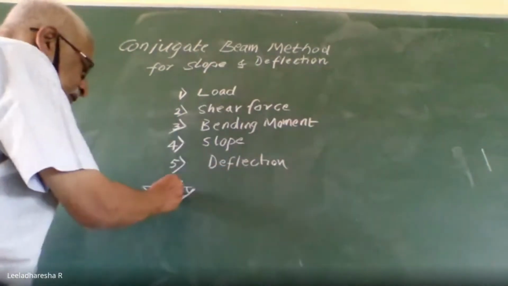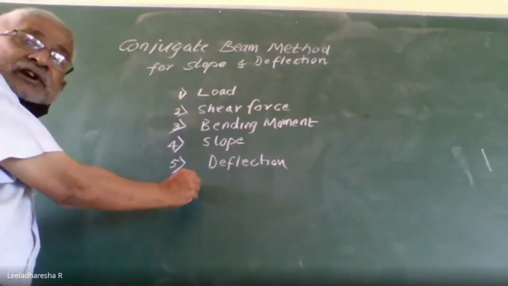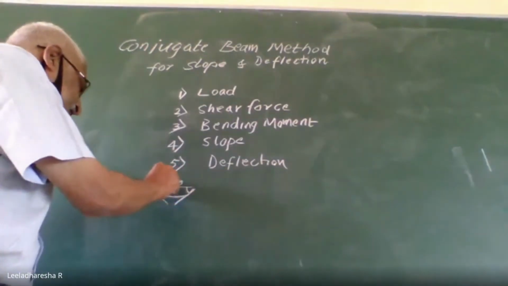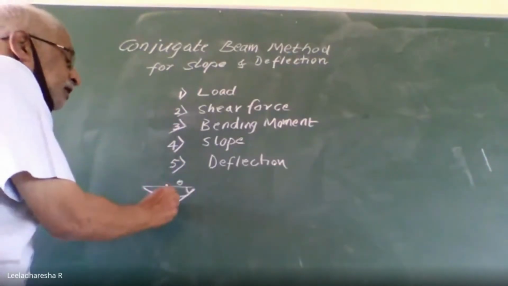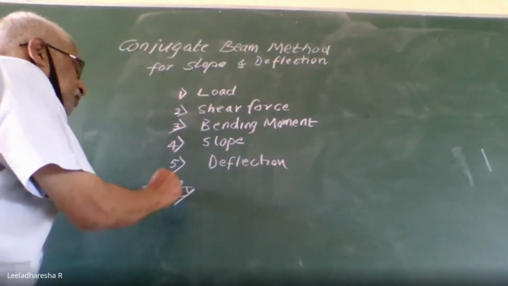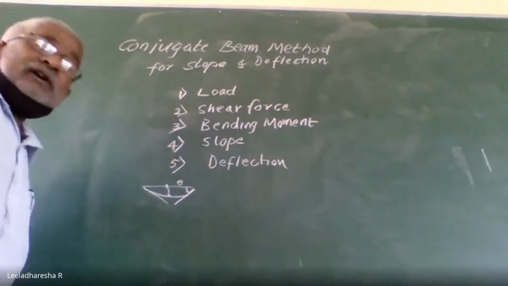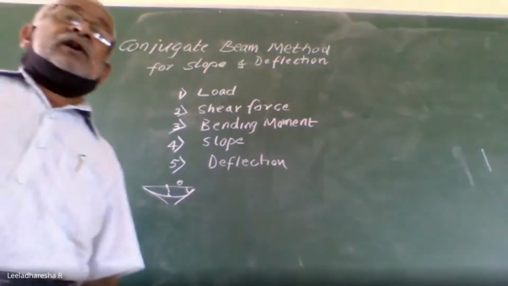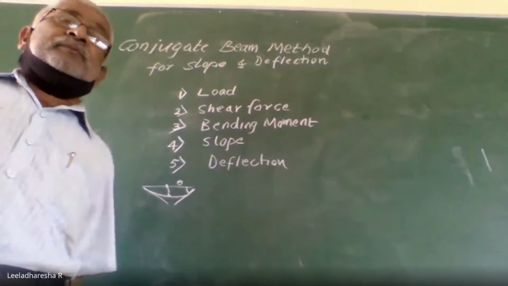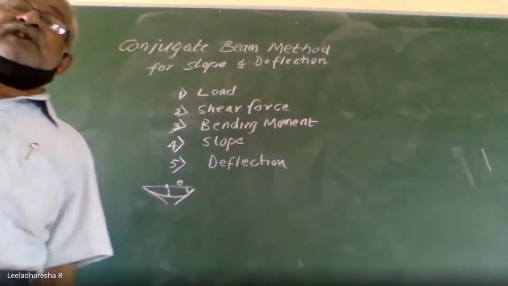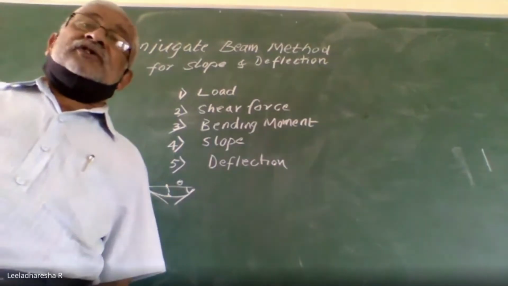Deflection means the vertical movement of a section. Earlier the beam was straight, and if I take a section here, after applying the load, it has occupied this particular position. So, the movement of the section in the vertical direction is called deflection. This deflection also must be within the limits. These things you are going to follow in all your RCC designs.